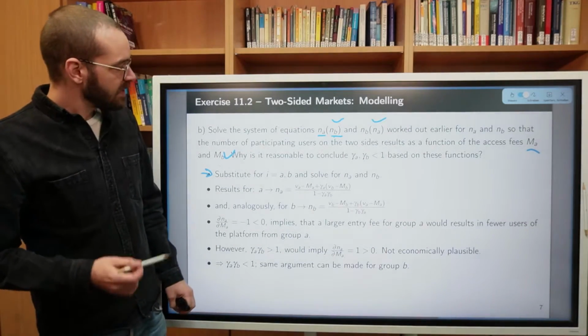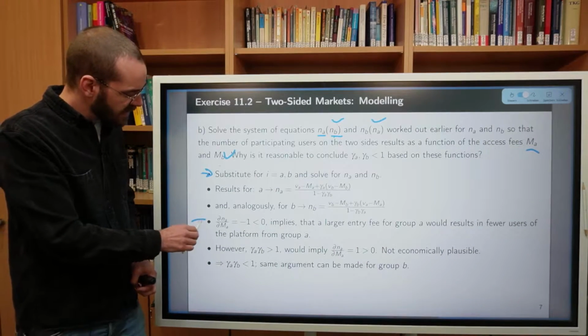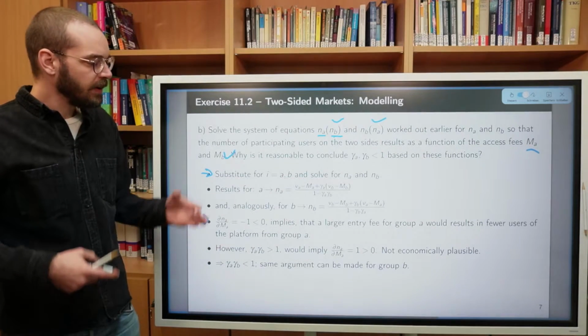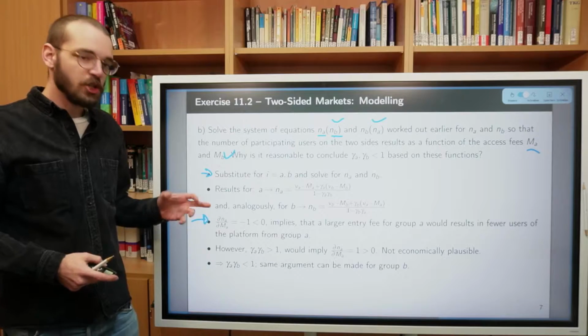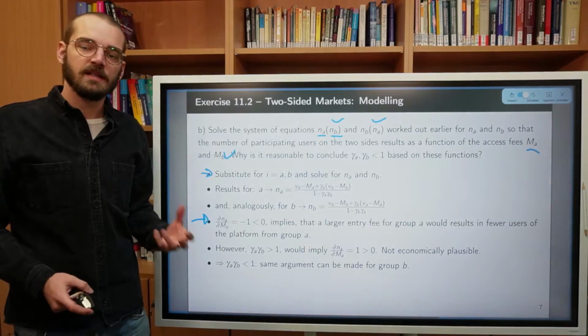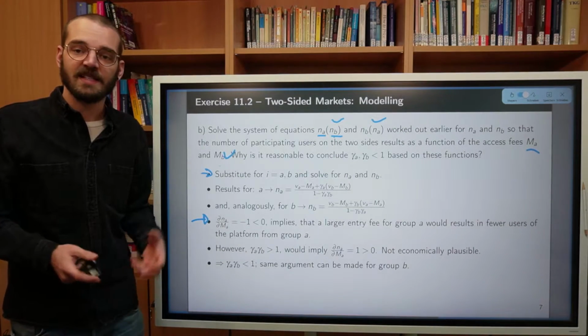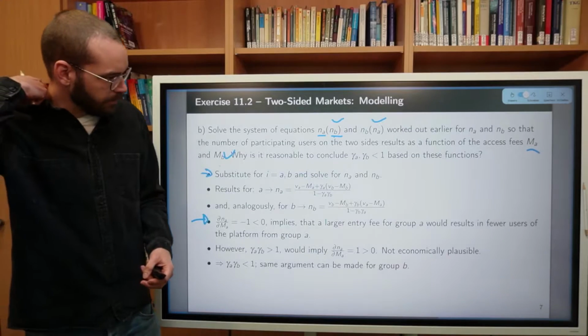Well, it is reasonable, or there are multiple ways to argue this. We decided to argue based on the effects that a change in the participation fee has on the number of users that have to pay this participation fee.